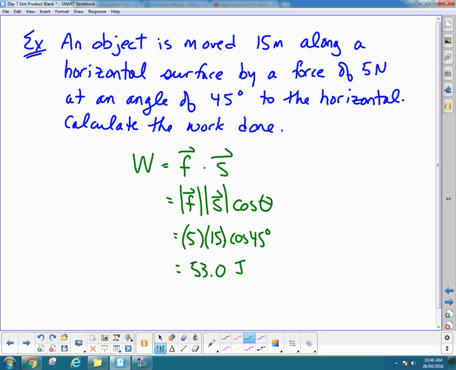Remember, joules is Newton meters, so your force has to be in newtons and your distance has to be in meters. Therefore, the work done was 53.0 joules.